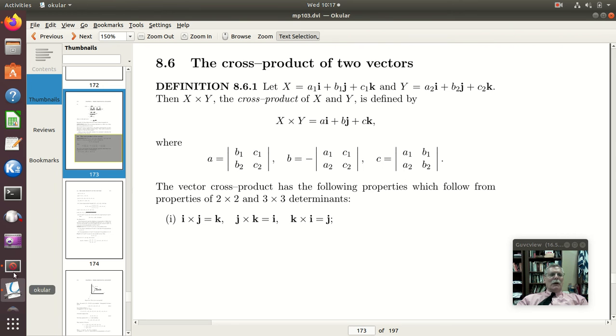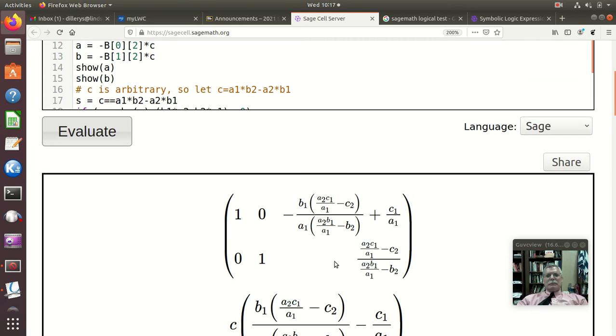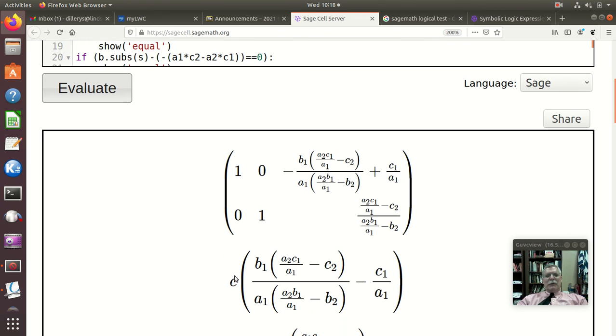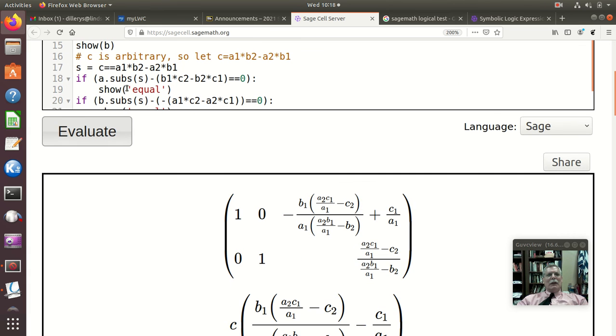And so I'm setting that up. There I just say, well, we'll let C equal that. And then I'm going to substitute that value of C into A. I tried that, and I tried multiplying things out and so forth, and it just didn't simplify nicely.